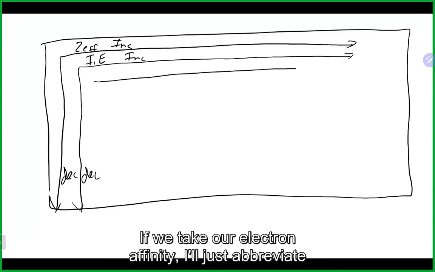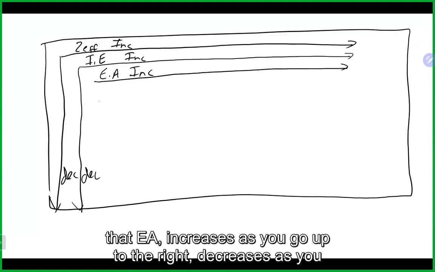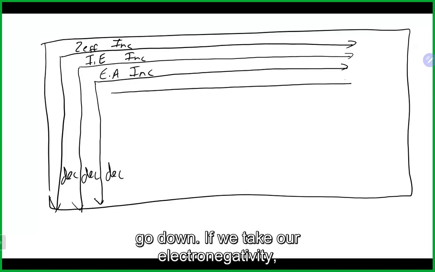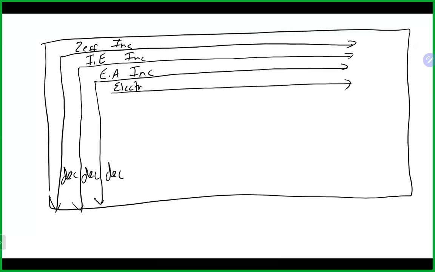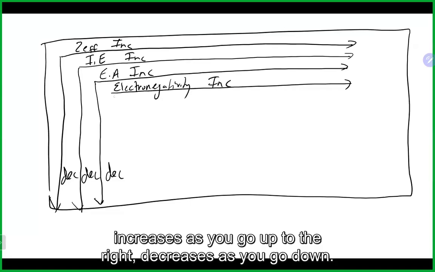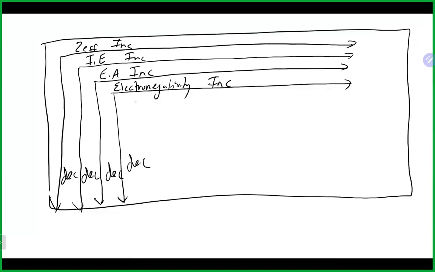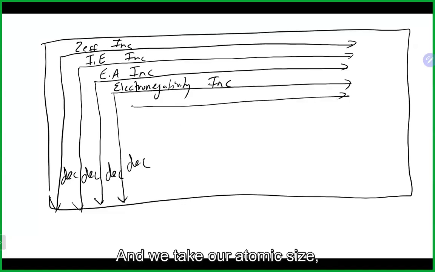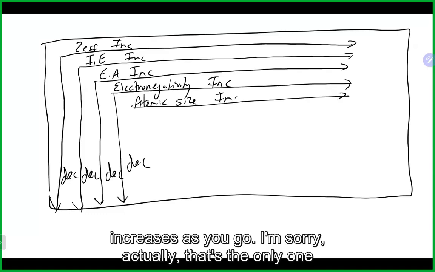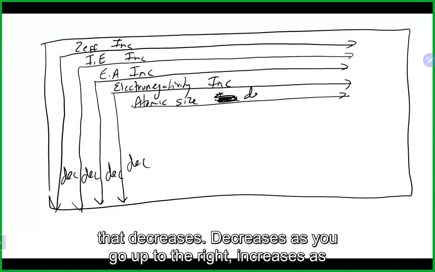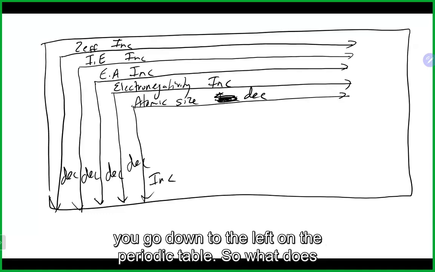If we take our electron affinity, I'll just abbreviate that EA, increases as you go up to the right, decreases as you go down. If we take our electronegativity, increases as you go up to the right, decreases as you go down. And we take our atomic size, I'm sorry, actually that's the only one that decreases as you go up to the right, increases as you go down to the left on the periodic table.